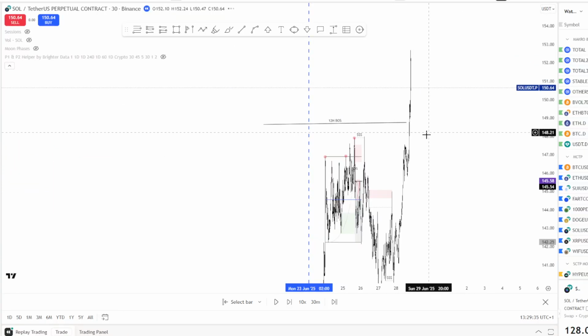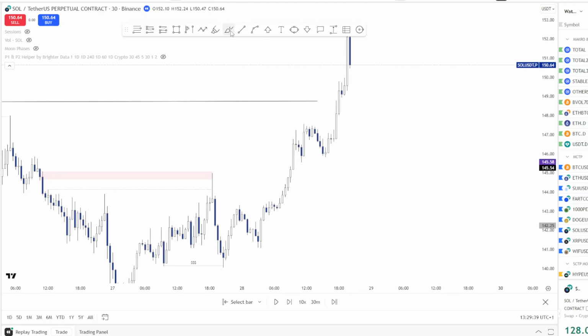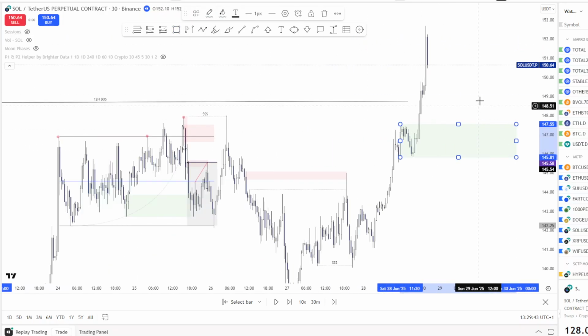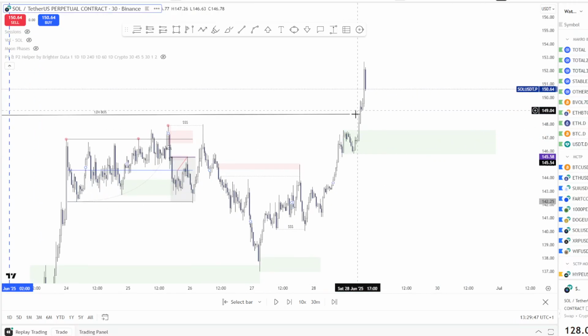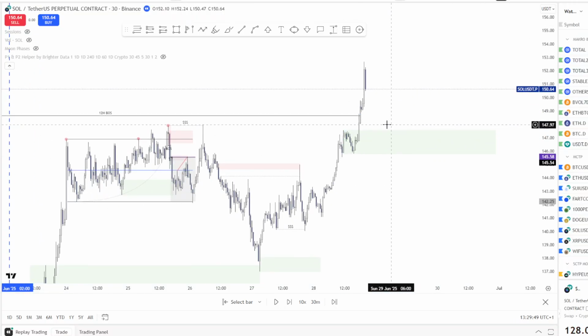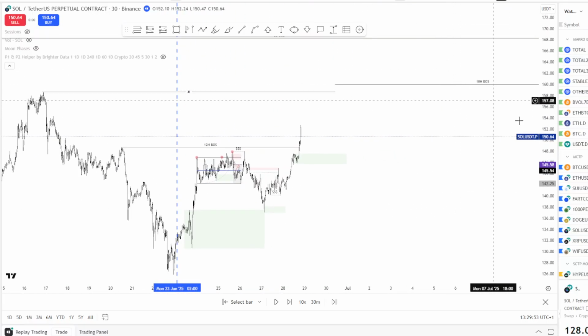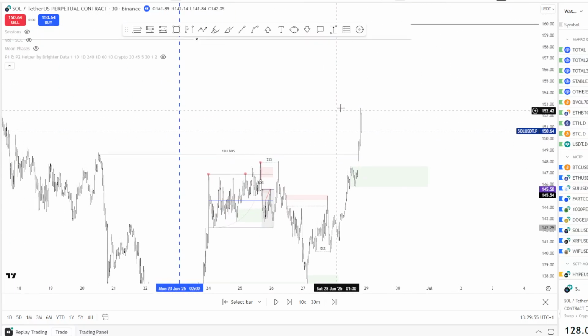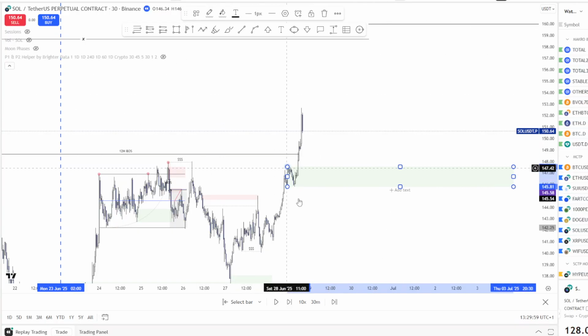Let's see if we have something here. Yeah, I can see some demand. So what we can look for is maybe, as we broke structure now, we need to break our 18-hour. So we need some sort of accumulation for the next leg up.